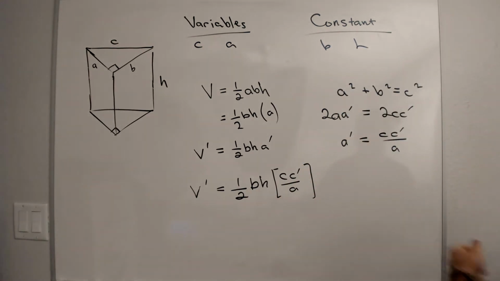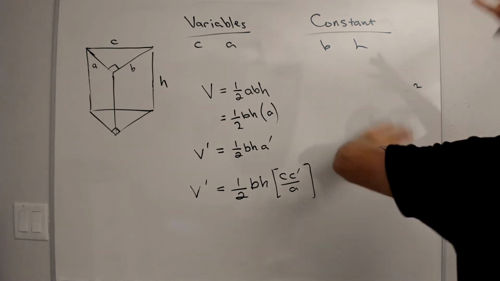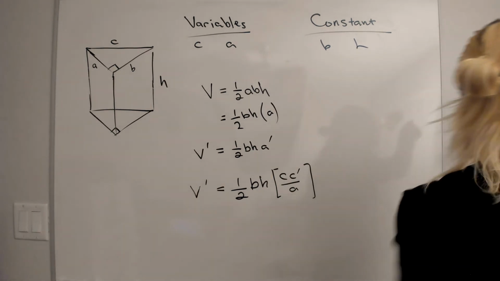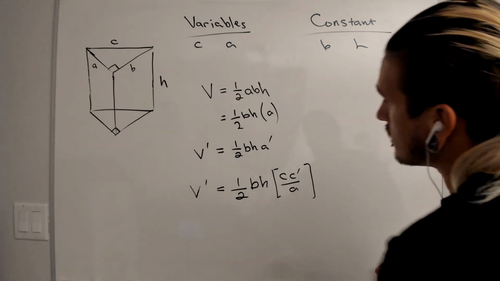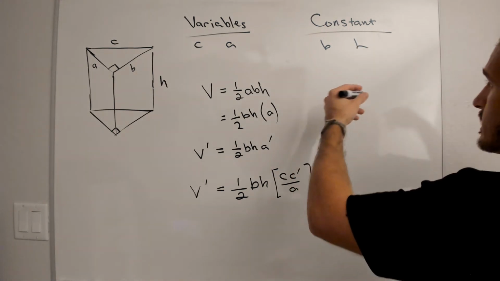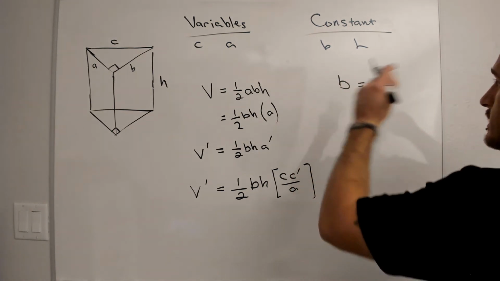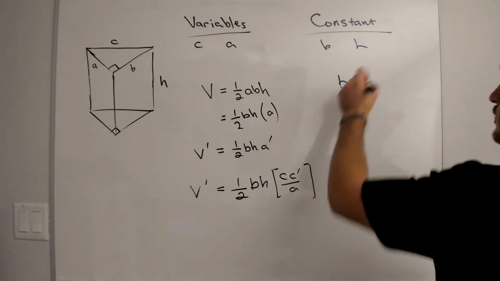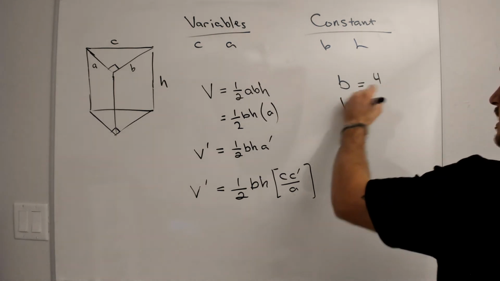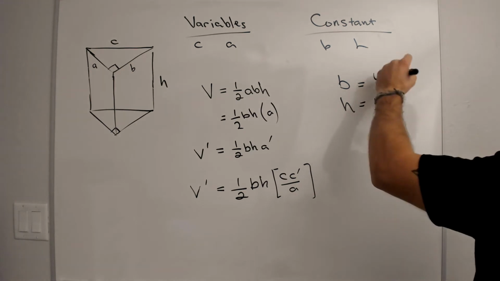So let's go ahead here and let's give values to our constants. Just see what it is. Be anything. Let B be 4. H be 5. Those are in centimeters.